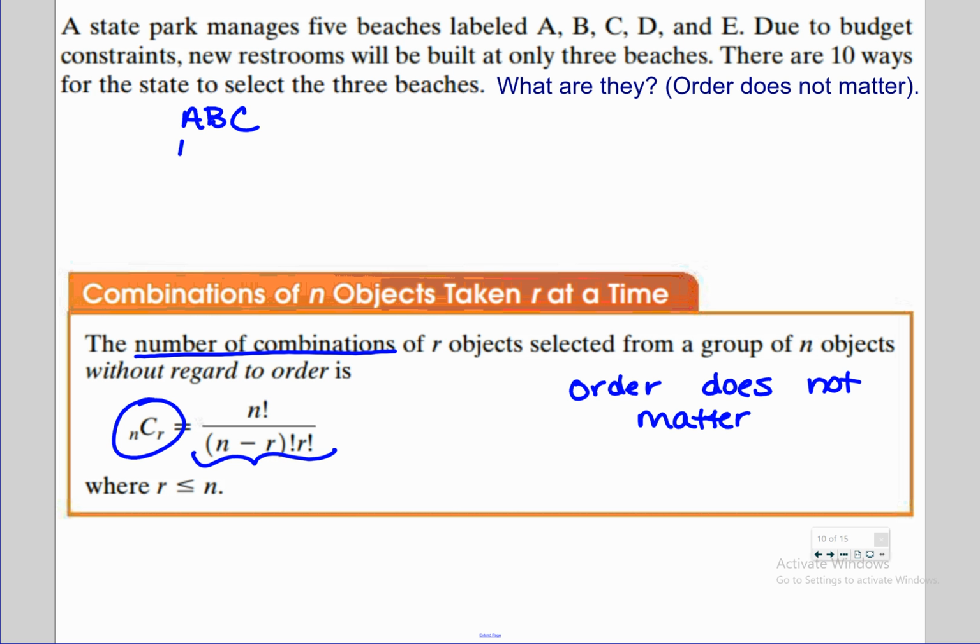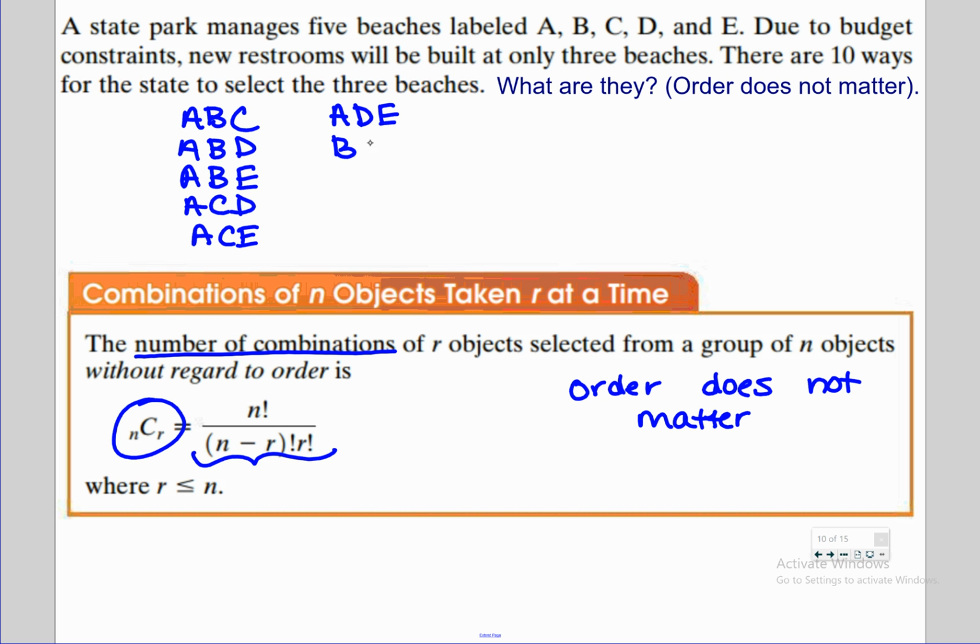Or they could choose A, B, D, or they could choose A, B, and E. So we're picking, rather than positions, we're picking groups when we do this. I could choose A, C, D, or A, C, E, or A, D, and E. Or I don't have to use an A at all.